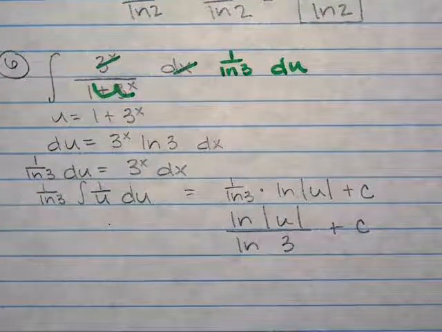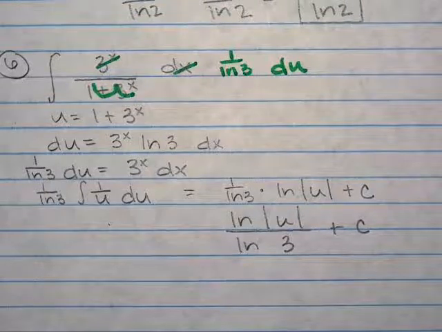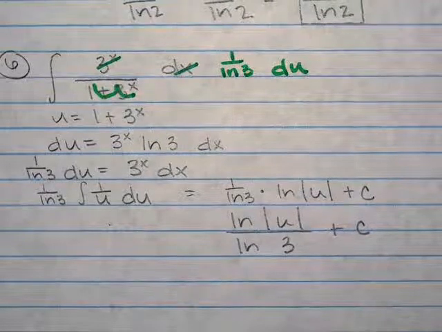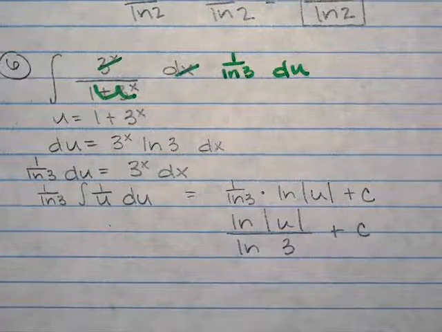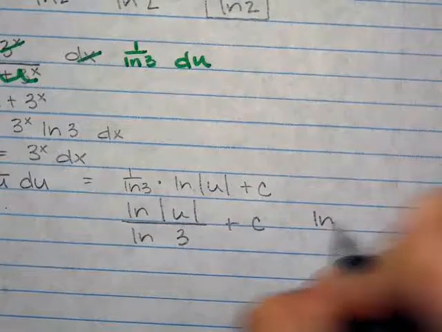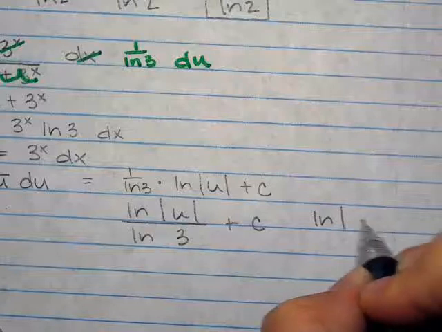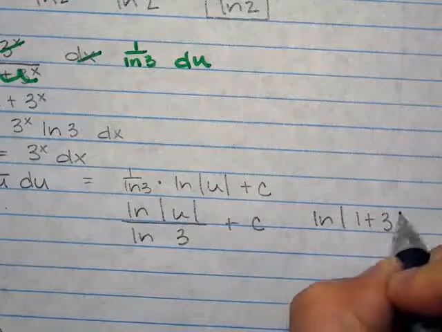Okay. And then what do we do with the top? So we're going to say this is ln of 1 plus 3 to the x.